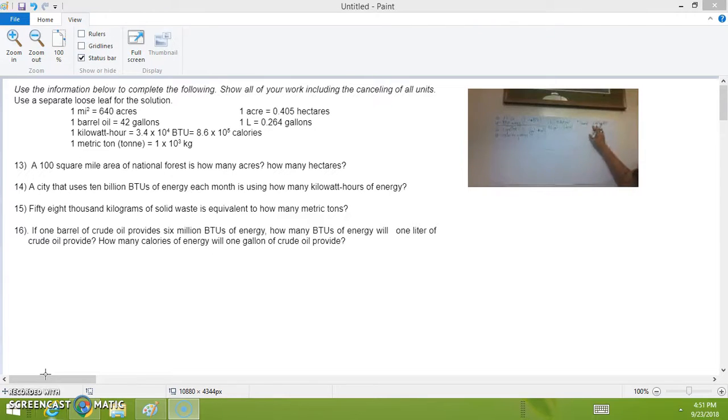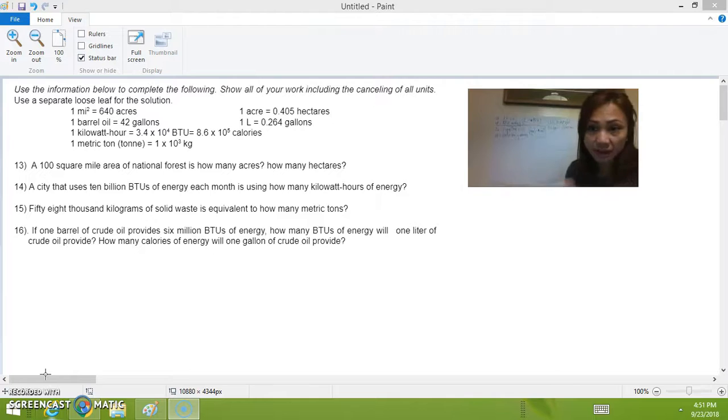And we wrote it on the side. It says here 1 barrel is equal to 6 million BTU. And obviously there, barrel to BTU. So it looks like we are now ready with our factors. We are using 3 possible factors here: liter to gallon, gallon to barrel, and barrel to BTU.